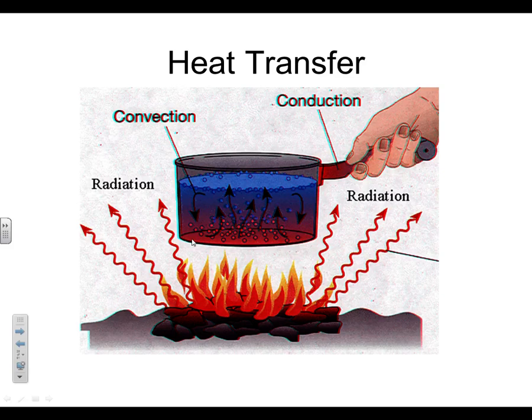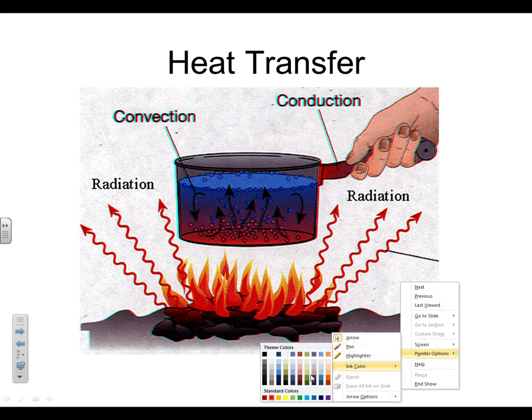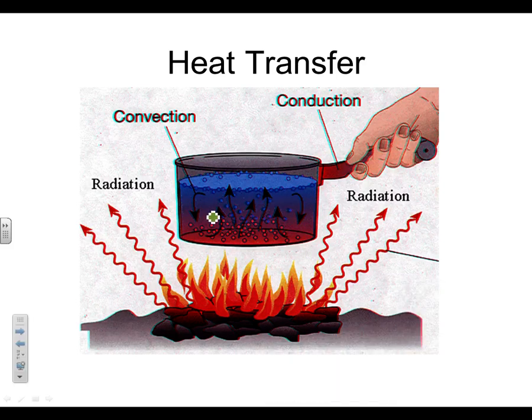Then the last one is convection, and that one may be a little harder to understand sometimes. It's the transfer of heat through the movement of a fluid. Some good examples: let's put some spaghetti in this pot.